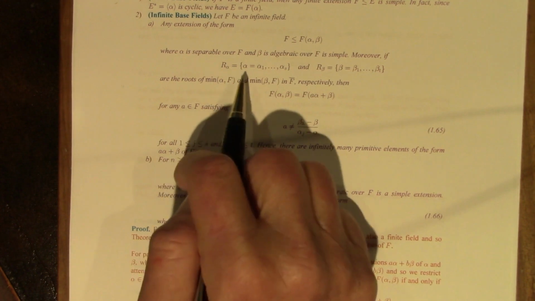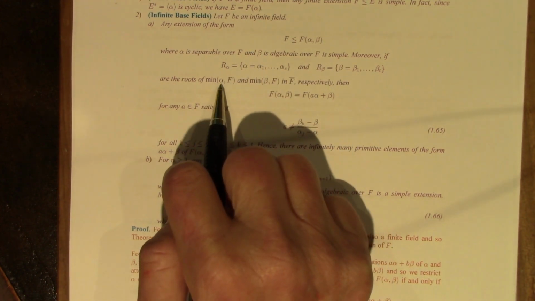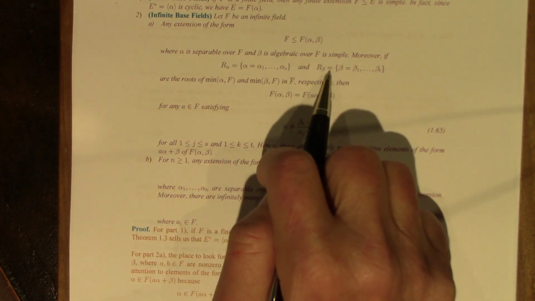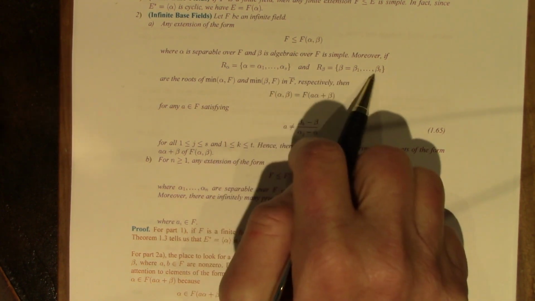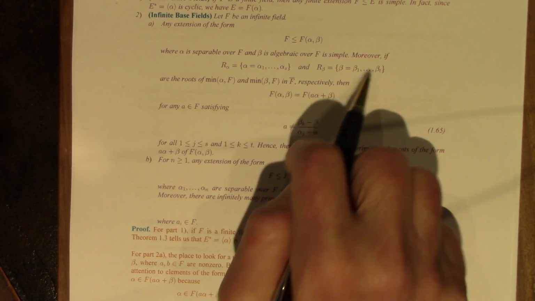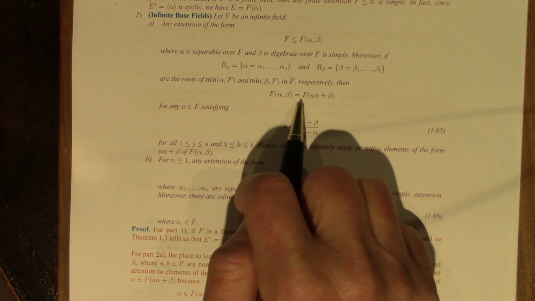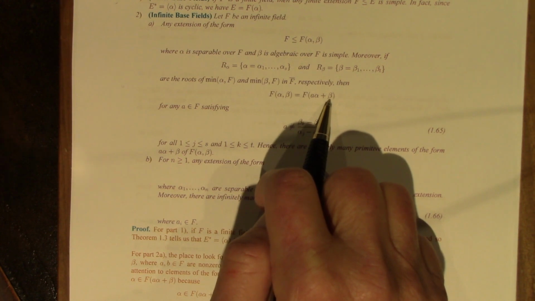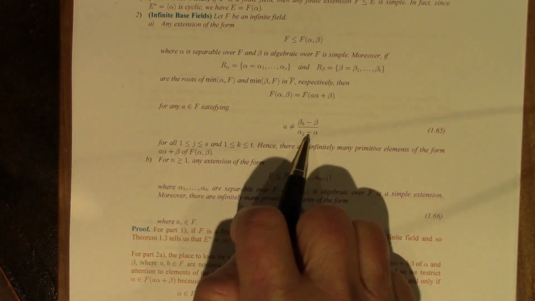Moreover, if we take the root sets of the minimal polynomial of alpha, say that's r sub alpha, and the minimal polynomial of beta, so that's this root set, then F with alpha and beta adjoined is equal to F with a alpha plus beta adjoined for any a in F satisfying this condition.